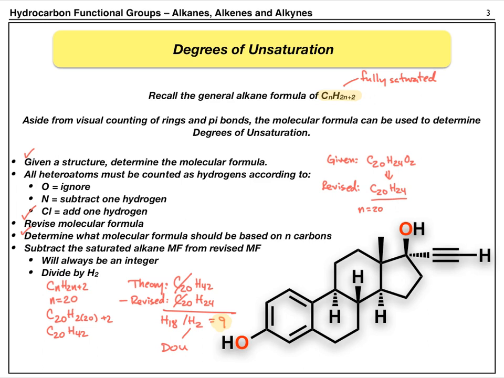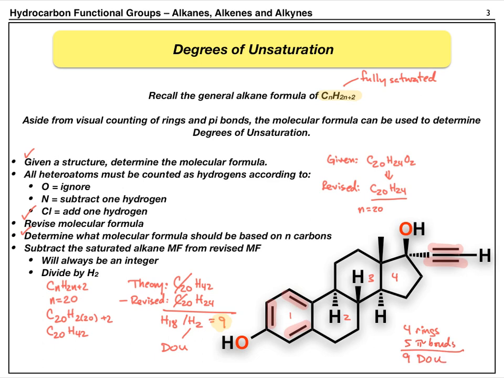So let's review that again. We said we had 1, 2, 3, 4 rings. One, two, 3, 4, 5 pi bonds. Again, that totals to 9 degrees of unsaturation.